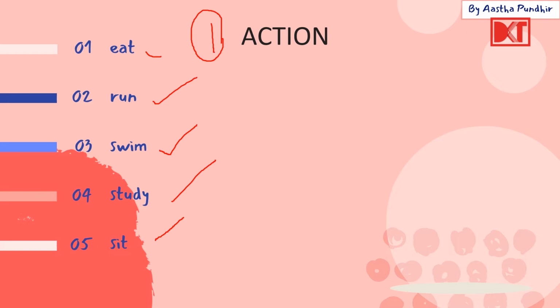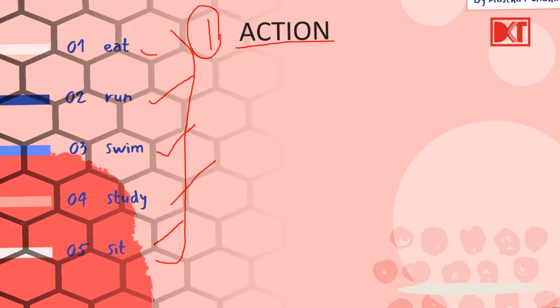Alright, so all these words are the ones that show some kind of action taking place, right? So the words that represent action are known as verbs. Now let's move on.